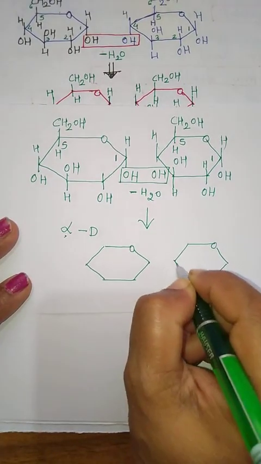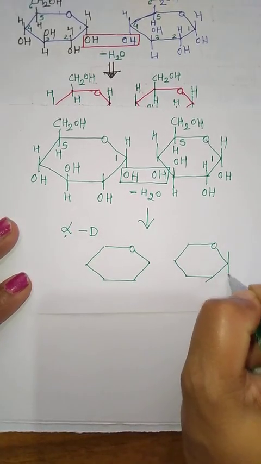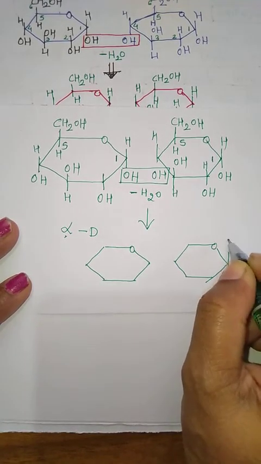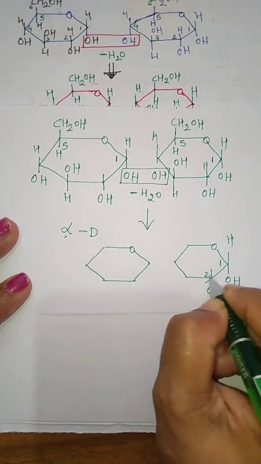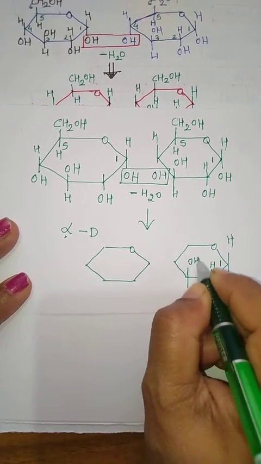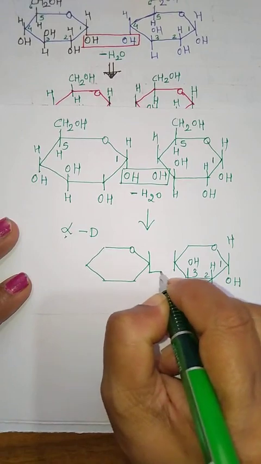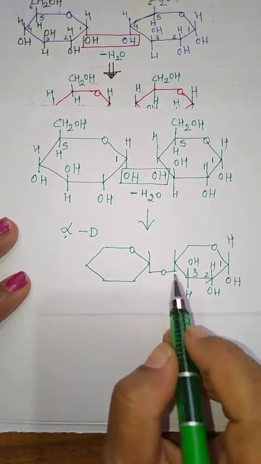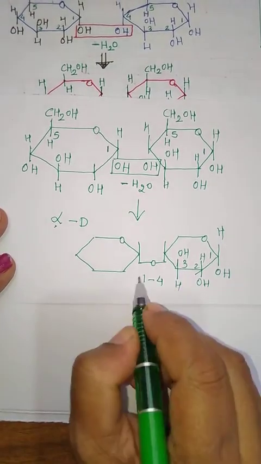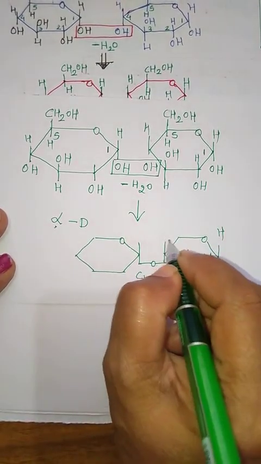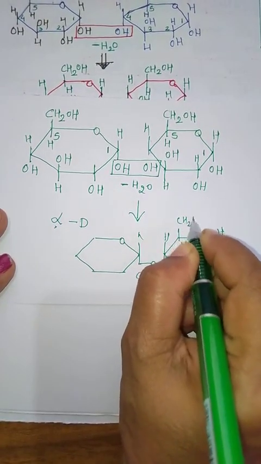Now first I will make it and then I will draw the binding. This linkage I will show last, because this is alpha D. This is the first, this is second, this is third, this is the first and fourth, and here is the glycosidic linkage. Okay, you can see here this is first and fourth, this is the C1-C4 linkage, and this will be the fifth carbon CH2OH.